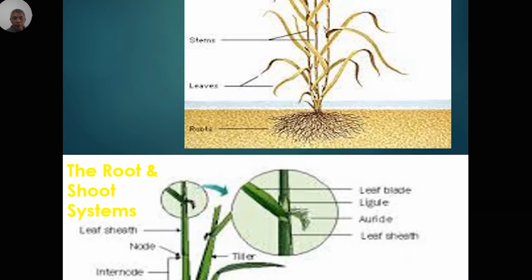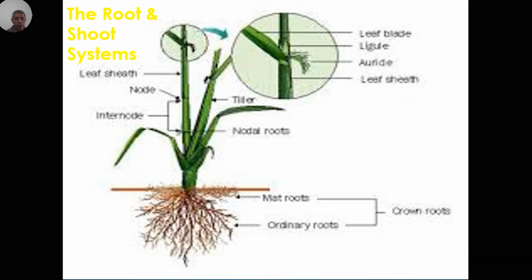Now, what about the root and shoot system? When the seed of rice is planted, the process of formation of roots starts, and it has two types of roots: the primary roots and the secondary roots.